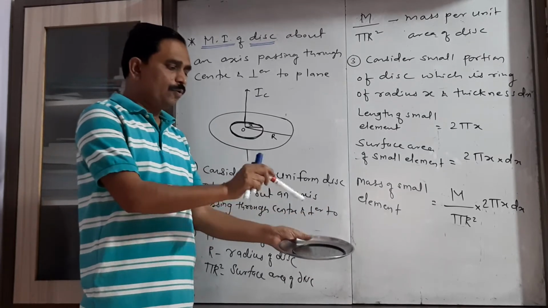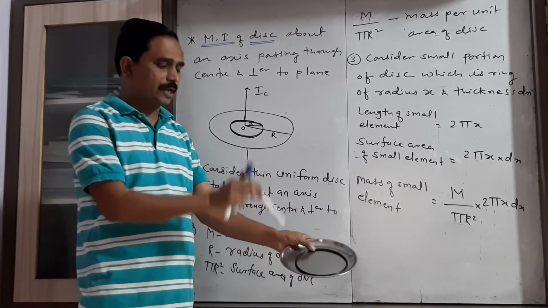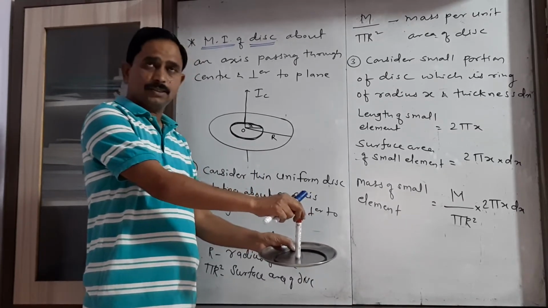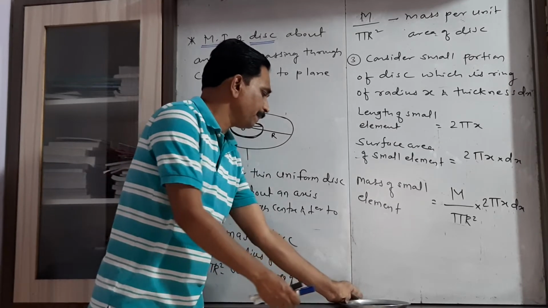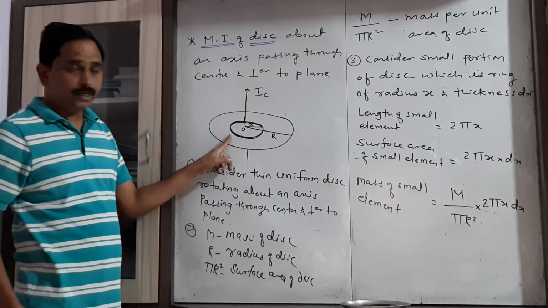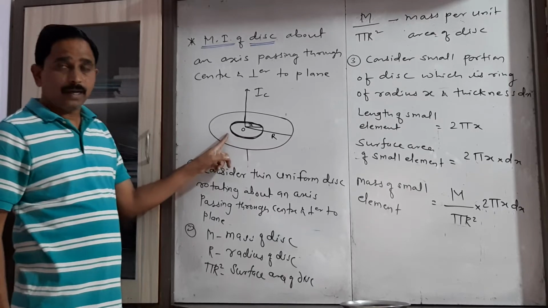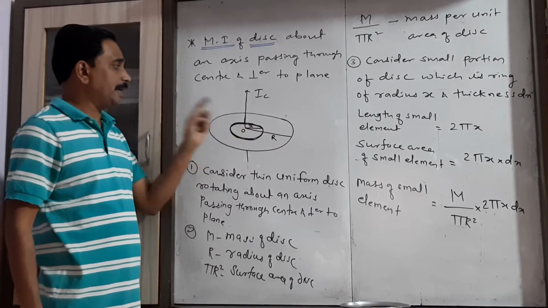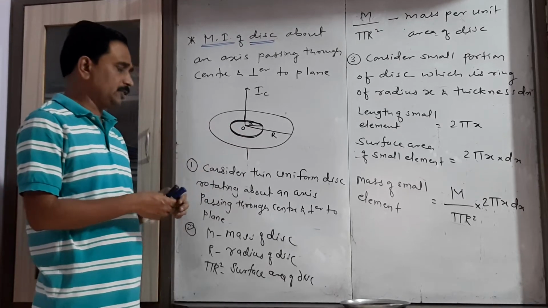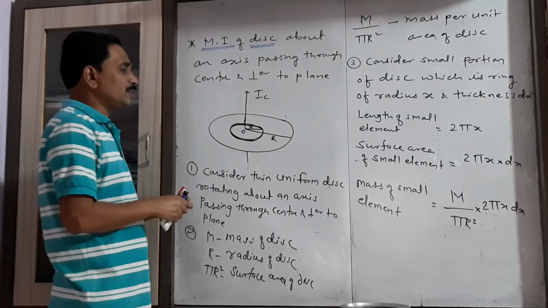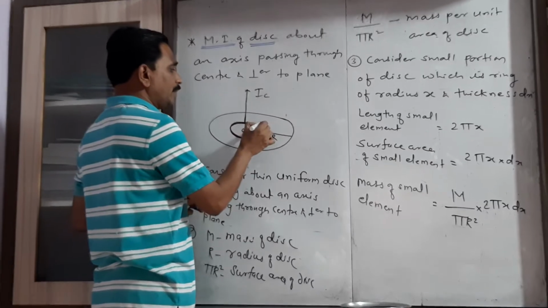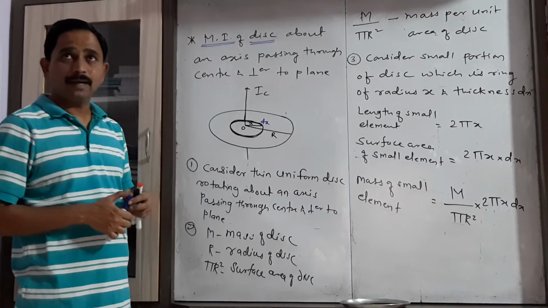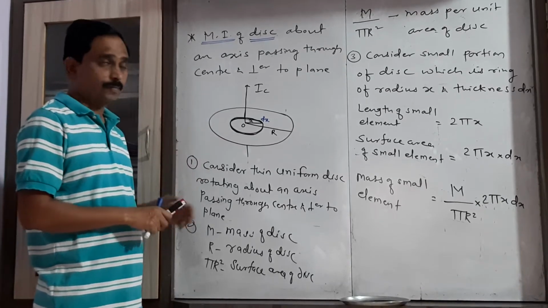So consider one such ring which is kept at particular distance from the axis. Now here I draw one ring which is under consideration. Now this is the ring which is at a distance x from the axis of rotation, and we have to consider the thickness of that ring also. The thickness considered as a dx, and x is the radius of that ring.